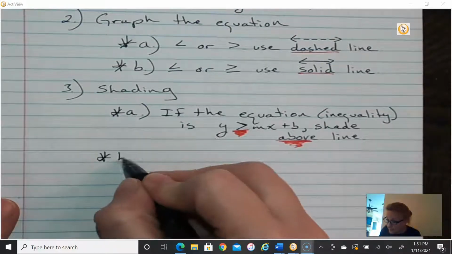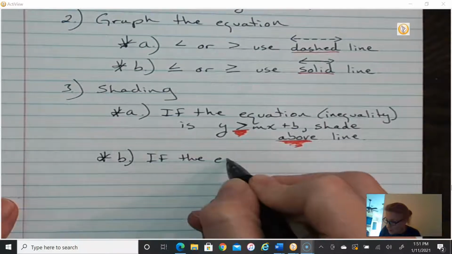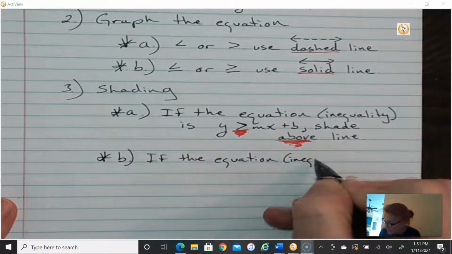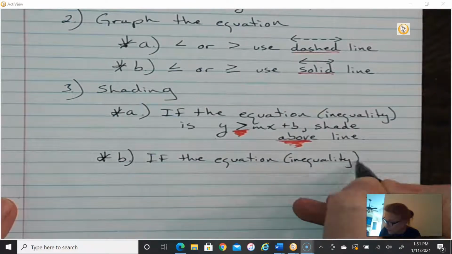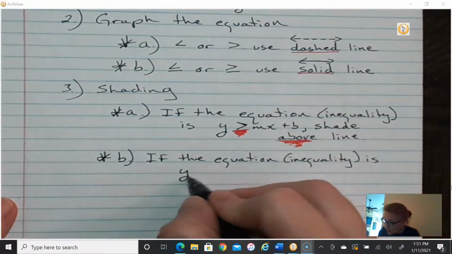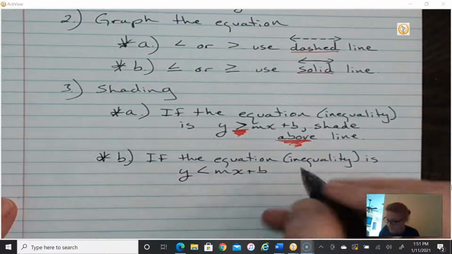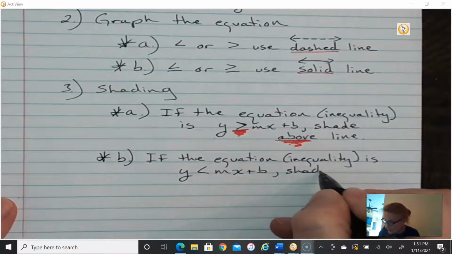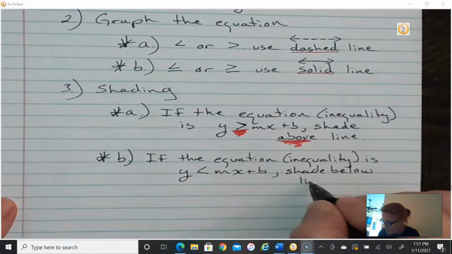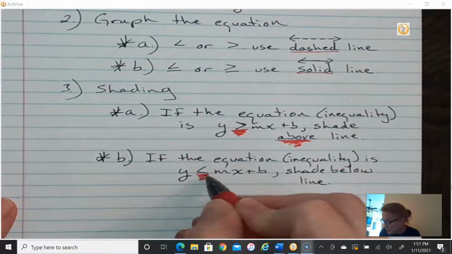But if the inequality is y is less than mx plus b, shade below. And that's the same as if it was an equal to.